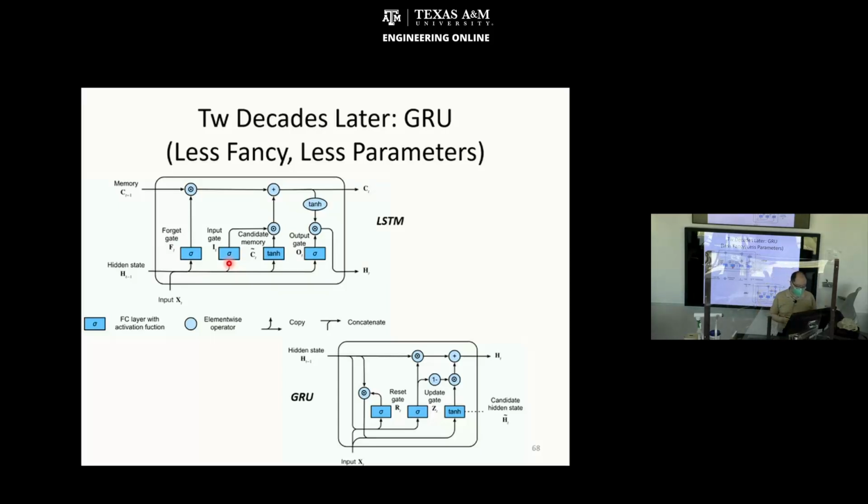But 2 decades later, GRU is the newer model, the building block. Essentially, it's less fancy and has fewer parameters if you look at it. So you see that we have the hidden state. Instead of here, where we had to determine what portion to be forgotten, here we have the hidden state, and then it's combined with input.